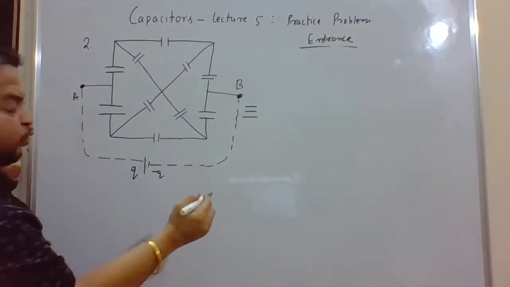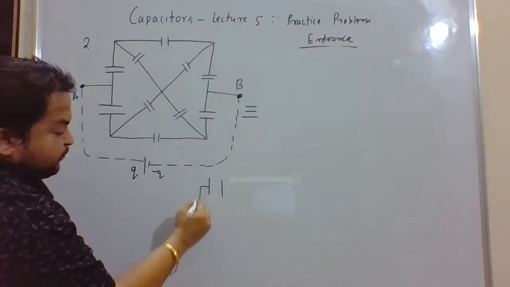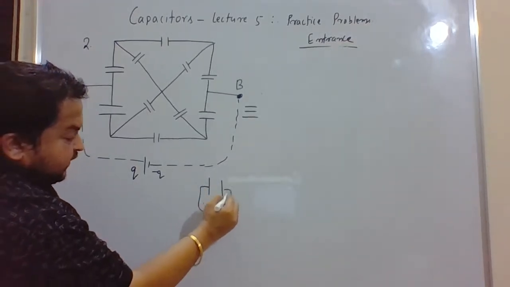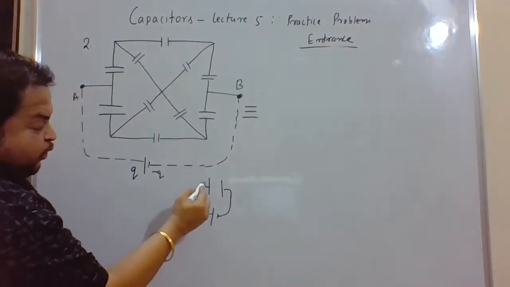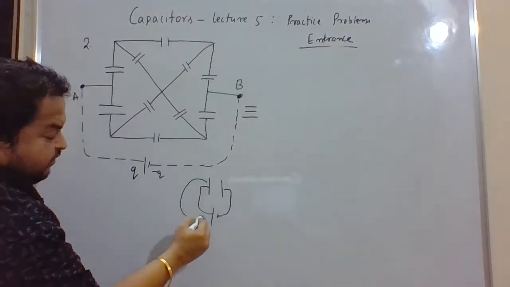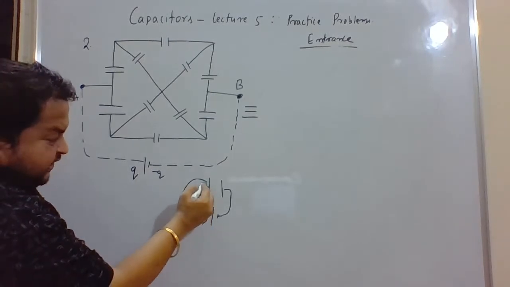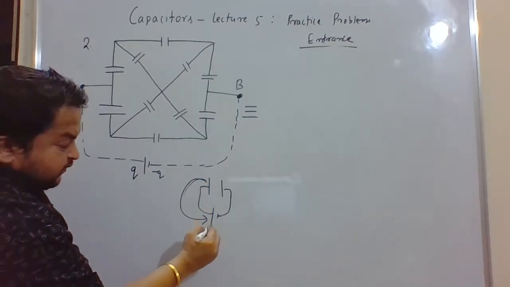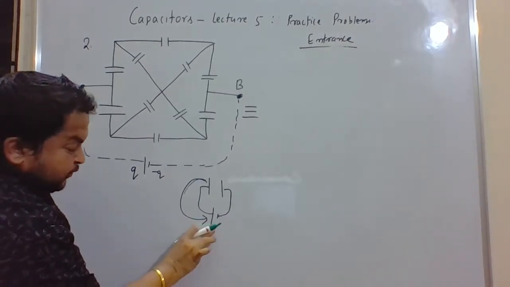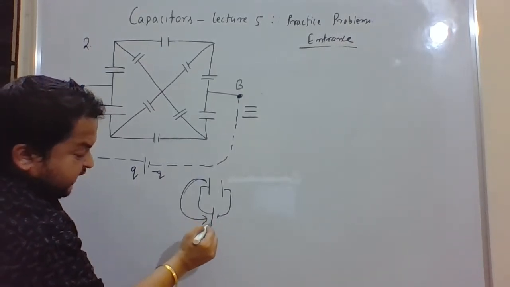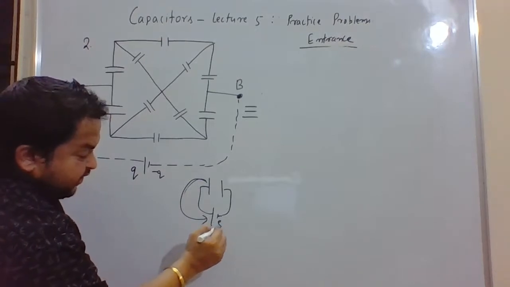In reality, what happens when a parallel plate capacitor is connected to a cell? The positive electrode would attract electrons from here. Once the electrons come here, because of the cell's chemical operation, it will push the electrons from the positive terminal to the negative terminal.